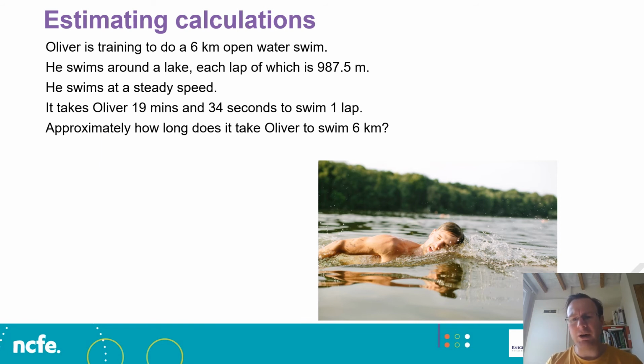So hopefully you've had time to calculate that. If we look at the things that we could potentially round, well, let's see. Luckily each lap is getting near a kilometer, isn't it? So each lap is around a kilometer.